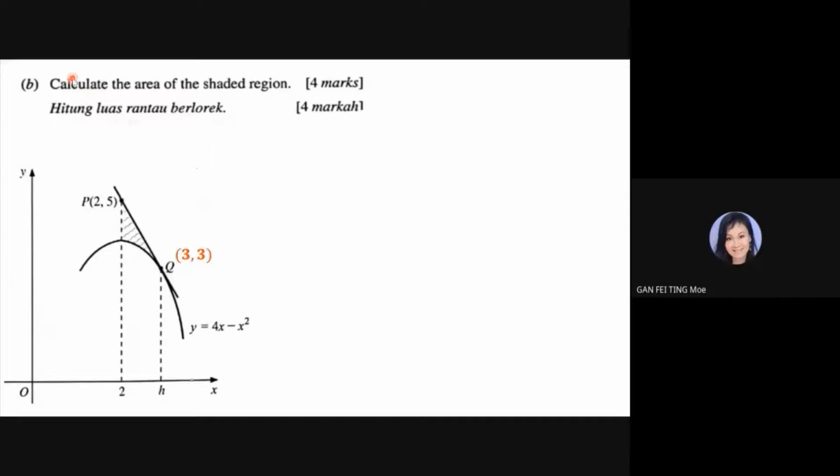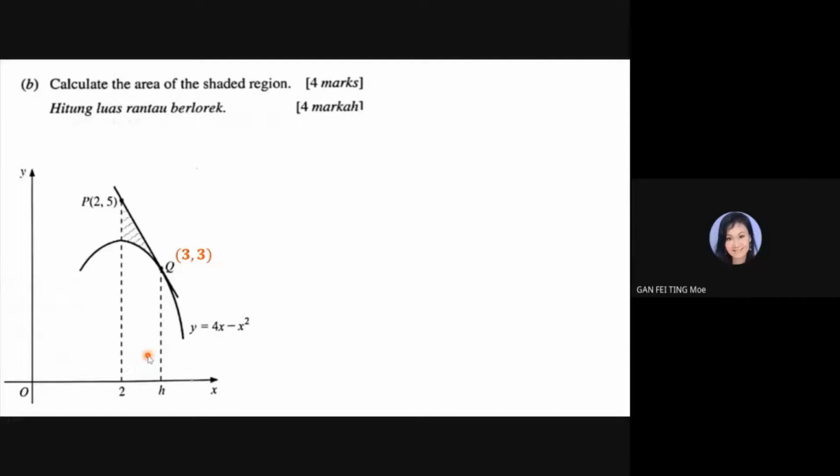Here has nothing to tell me which topic this is from. No way for me to see which topic, but from your daily exercise, you should see that this is under integration, area under the curve. So how are you going to get this answer, the shaded region? Can someone tell me?